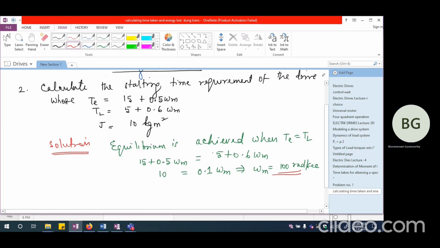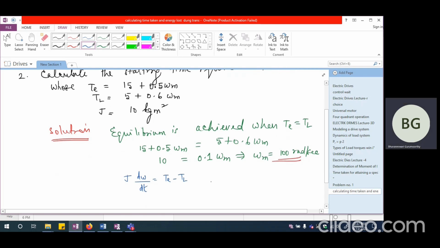Now to calculate the time taken for accelerating to 100 radians per second, I can write the equation J d omega by dt equal to TE minus TL. TE minus TL happens to be 10 minus 0.1 omega m, substituting these values here.